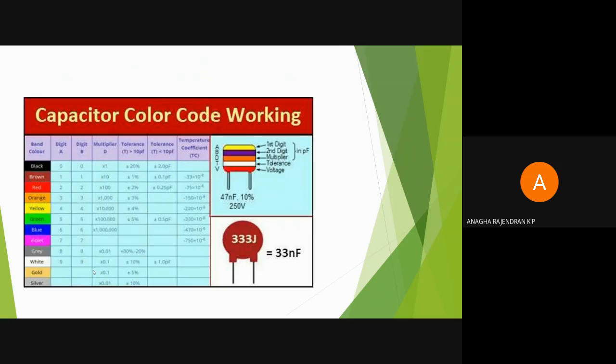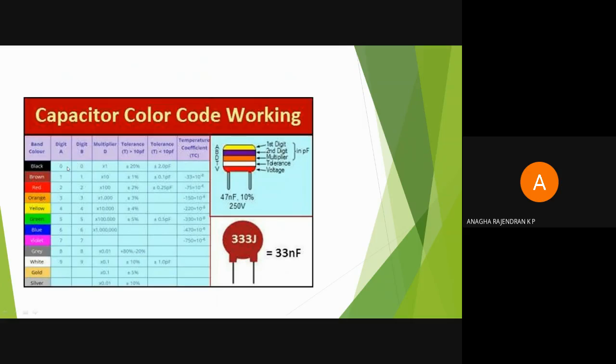Here also we can follow the band color code, that is BBROYGBVGW, 'Bad Boys Rape Our Young Girls But Violet Gives Willingly' style mnemonic, used for resistors. That code can be used here, and the digits go from 0 to 9. The value of black is 0 and brown is 1. In this way, the digits 0 to 9 vary, and by using that color code and the corresponding digit value, we can easily determine the capacitance value.